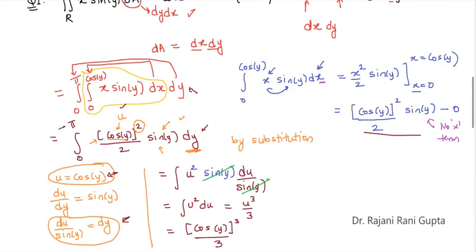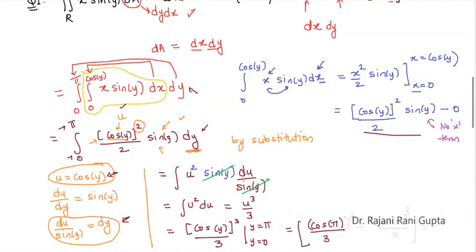Now what were the limits? 0 to pi, where y varies from 0 to pi. Now substitute. When you replace y by pi, you get cosine of pi, power 3, over 3, minus cosine of 0, power 3, over 3.